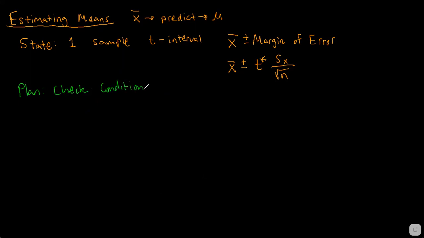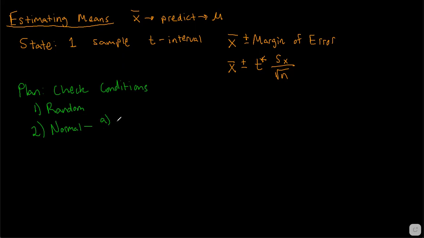Conditions remain the same as we did with probability for the most part. The first condition, of course, is make sure the sample was selected randomly, just by reading the problem. The second condition is to make sure the shape is normal, or at least approximately normal. And there's a few different ways to do this.